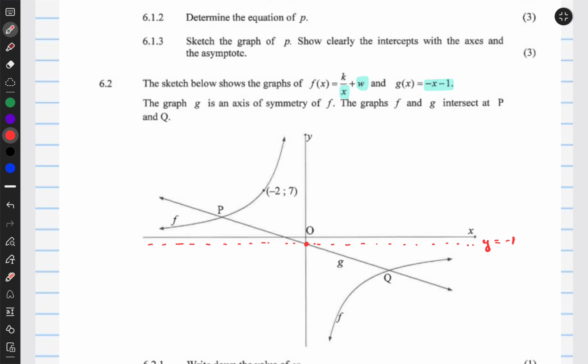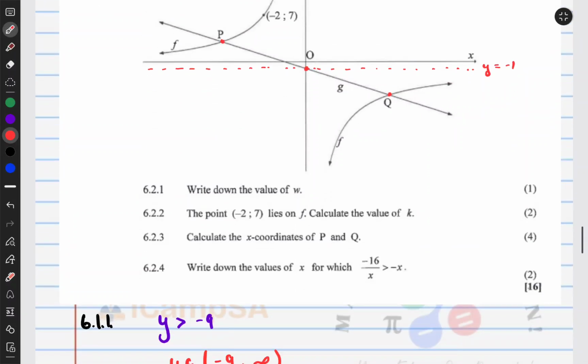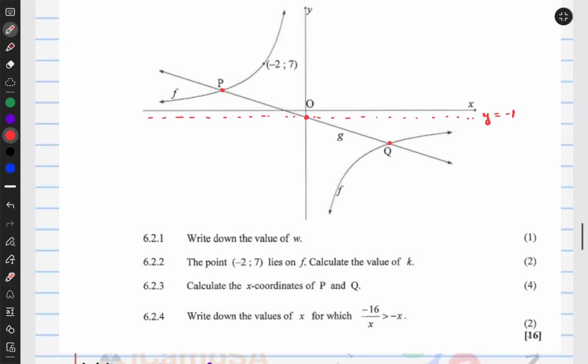The graphs of f and g intersect at P and Q. If we are asked to find the coordinates of P and Q, we simply equate the two equations, because the graphs share those coordinates. Okay, so that is that. Let's go ahead and answer the questions that follow. 6.2.1, write down the value of w.